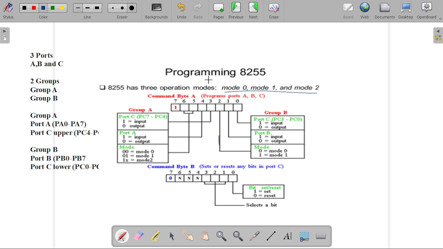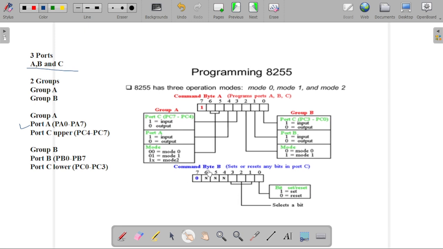Whenever we are considering the 8255 PPI, it consists of a total of three ports, that is port A, port B and port C. There are two groups in the 8255 architecture, group A and group B. In group A, there are two ports: port A, from PA0 to PA7, and the upper part of port C, from PC4 to PC7.